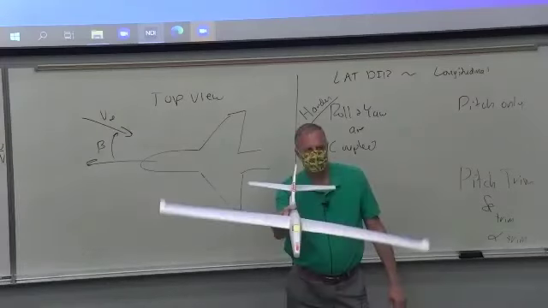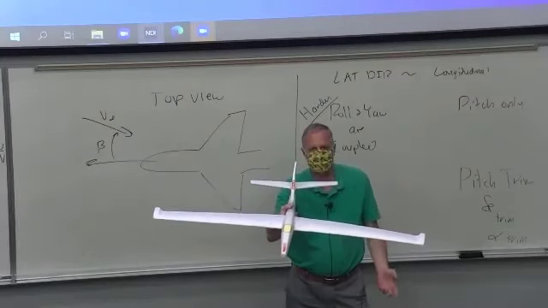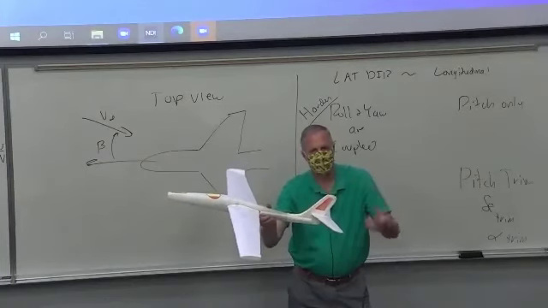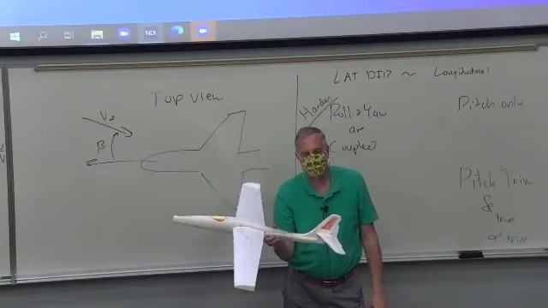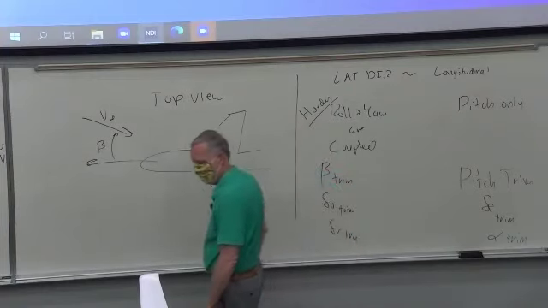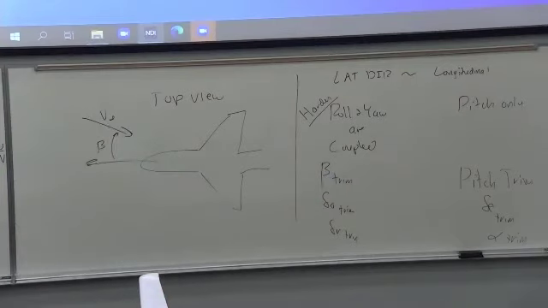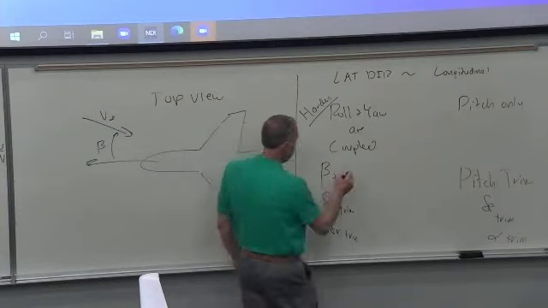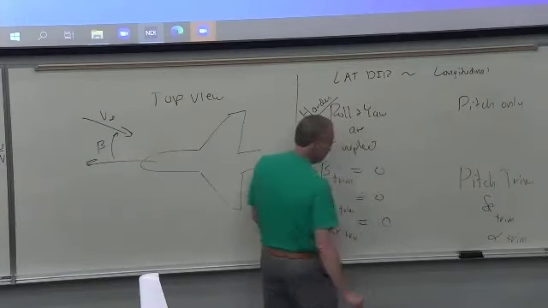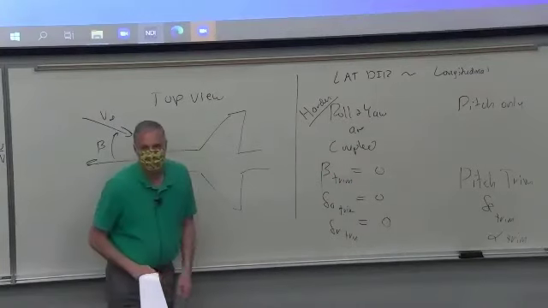Symmetrical, so there's nothing that's going to cause it to roll one way or the other, so the ailerons are 0. And the same thing with the rudder. The rudder's 0 for cruise flight. So that makes it easier. For cruise flight, beta is 0, aileron is 0. So there's no real trim condition.